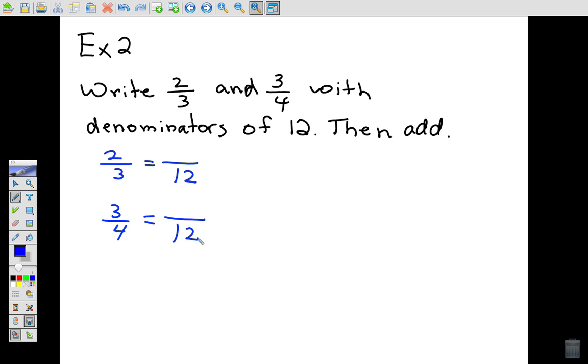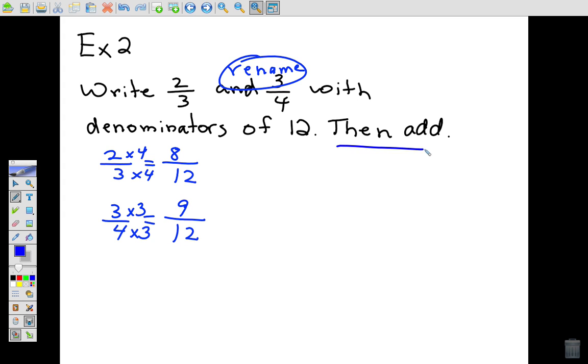When I say rewrite it, we could also use the word rename, because when we multiply the top and bottom number by the same number, we're renaming the fractions. We're just writing it a little different way. So they want us to write these two fractions with denominators of 12. 3 times 4, so I take this times 4. 4 times 3, take this times 3. Those are my two fractions.